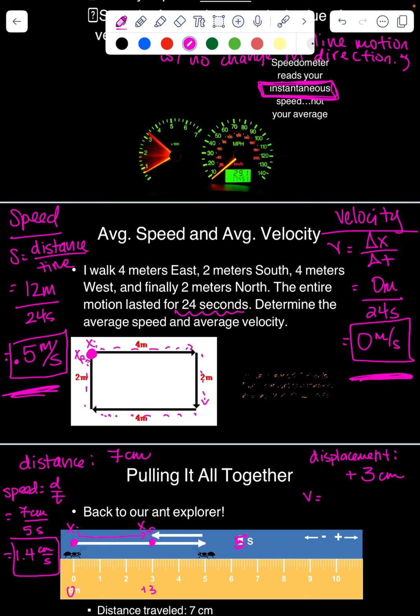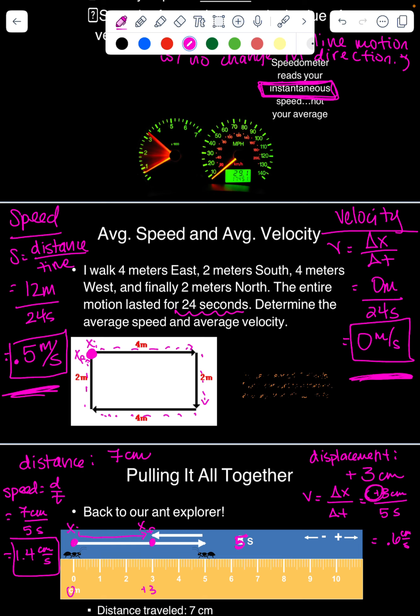Now with velocity, we're taking our displacement and dividing it by that time interval. So we have that positive 3 centimeters divided by the time interval of 5 seconds. So 3 divided by 5 does give us 0.6 centimeters per second, but we cannot forget about that direction.